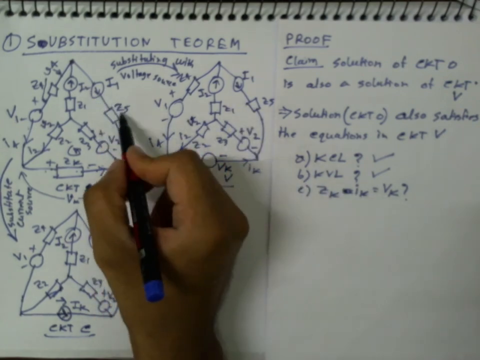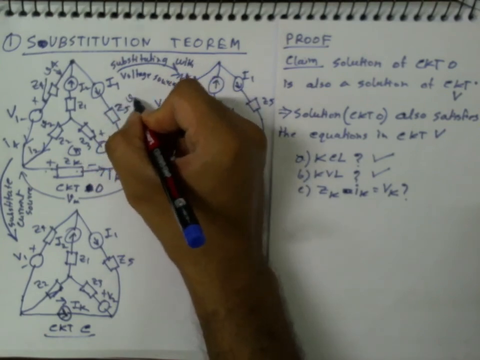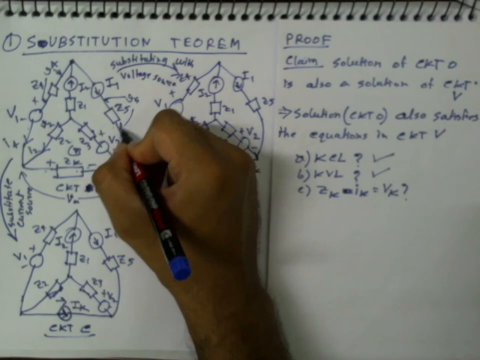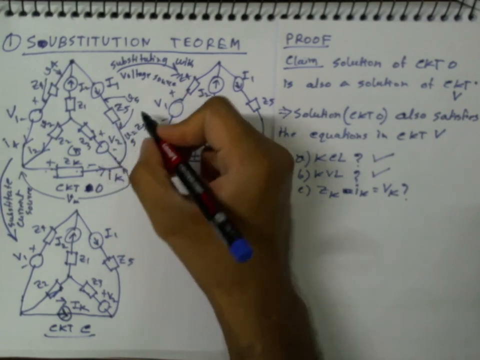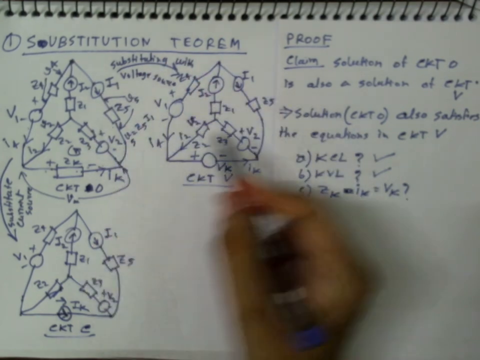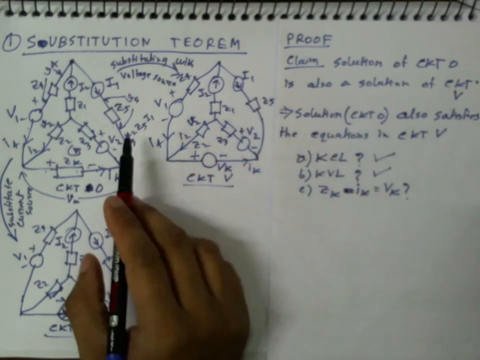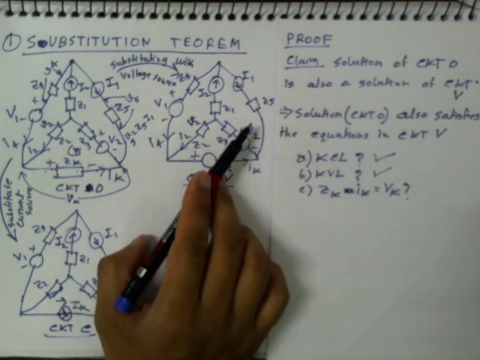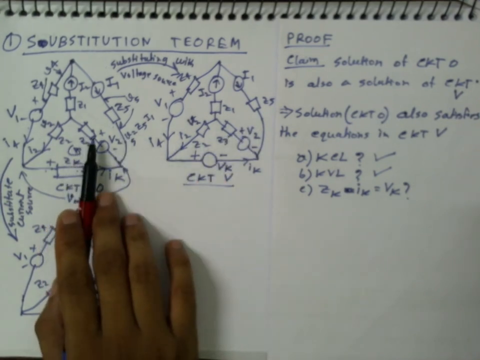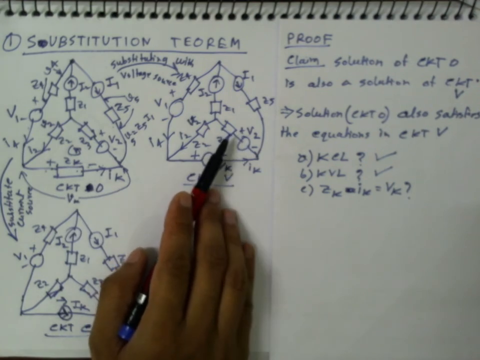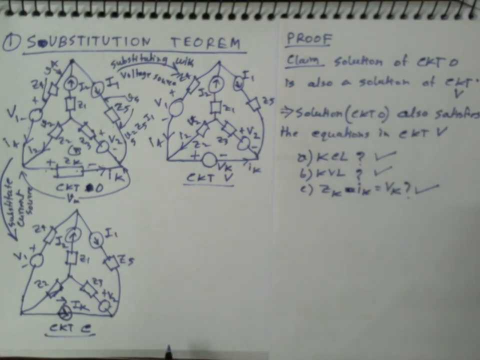So if I call this V5, and if I had V5 equals Z5 times this current capital I1, definitely I will have the same thing, V5 equal to this Z5 I1. So if that was true here, then definitely it is true here. Once again, if this equation was true in the original circuit, then definitely it's true in the new circuit. So definitely that means the same solution also is applicable here. Okay.